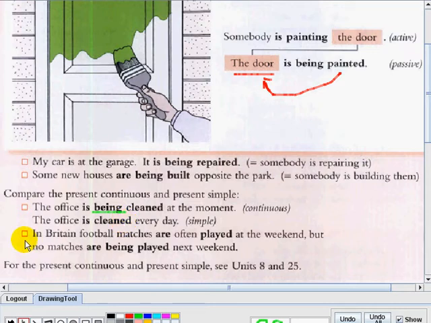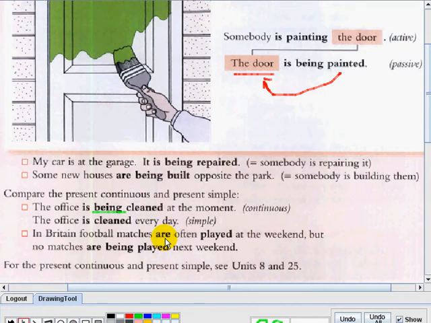In Britain, football matches are often played at the weekend, but no matches are being played next weekend. This is simple. Okay? Present simple. Now this is present continuous passive.